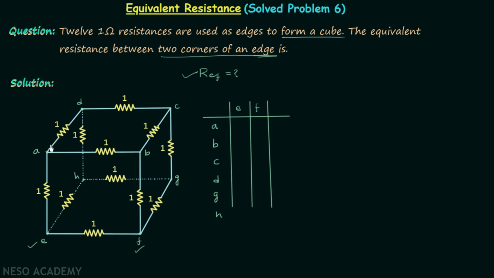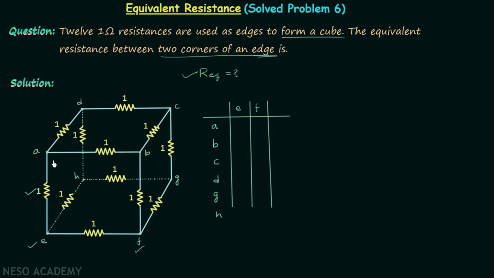For example, let's move from A to E. Here you can see that in this path we have encountered 1 ohm resistor, and we know all the edges have 1 ohm resistors. Therefore, we will simply count the number of edges.